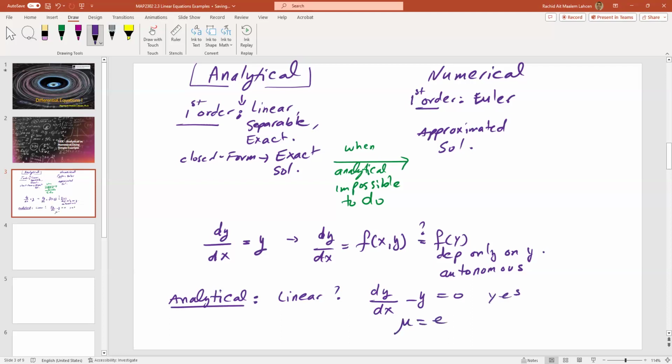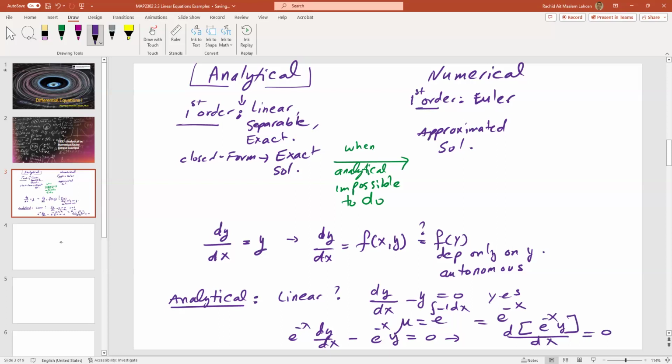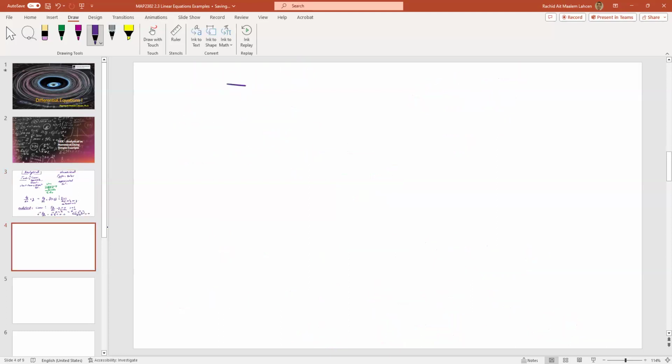That means you can find the integrating factor here, and it's going to be this. All right, let's multiply now the equation by it, which gives us this product. All right, that means when you integrate, you're going to get the product out and you're going to get some constant on the right side.